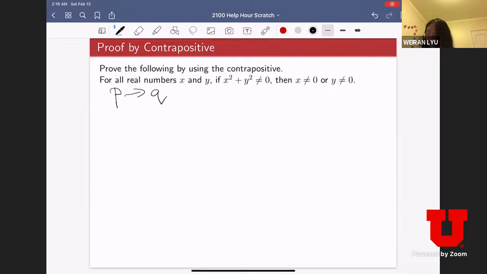Not Q, not P. Not Q to not P. Yep. So not Q implies not P. All right, I will give you guys about 2 minutes to work on this problem.